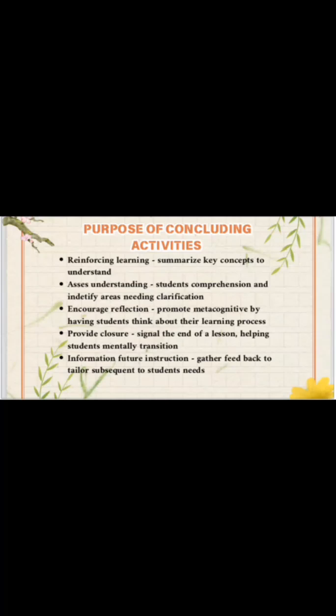The fourth one is provide closure. So, signal the end of the lesson, helping students mentally transition. So, this helps students to mentally wrap up the topic or the lesson so they can easily understand the lesson. And then the fifth one is inform future instruction.